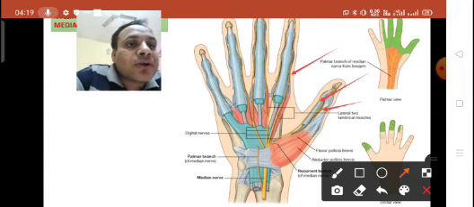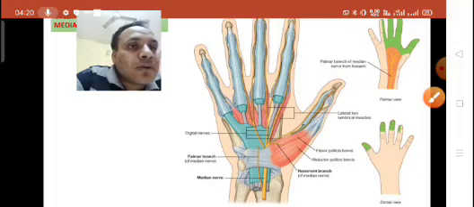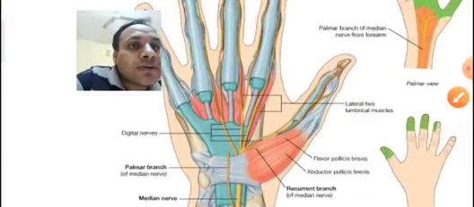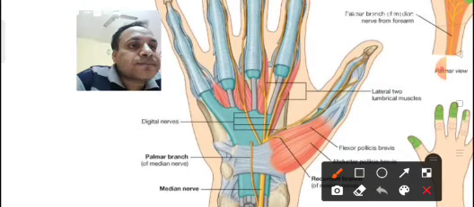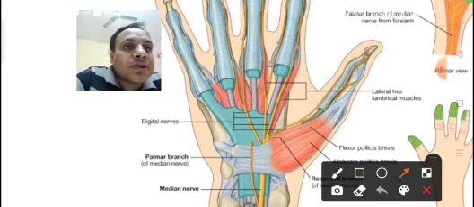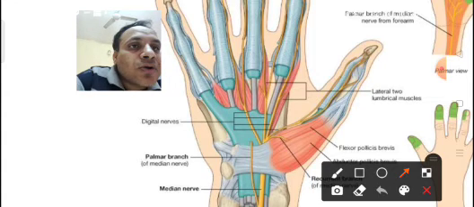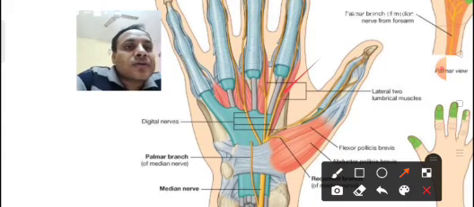Then you can see in this diagram, from the third proper digital branch, one muscular branch arises. This is the muscular branch to the first lumbrical muscle.